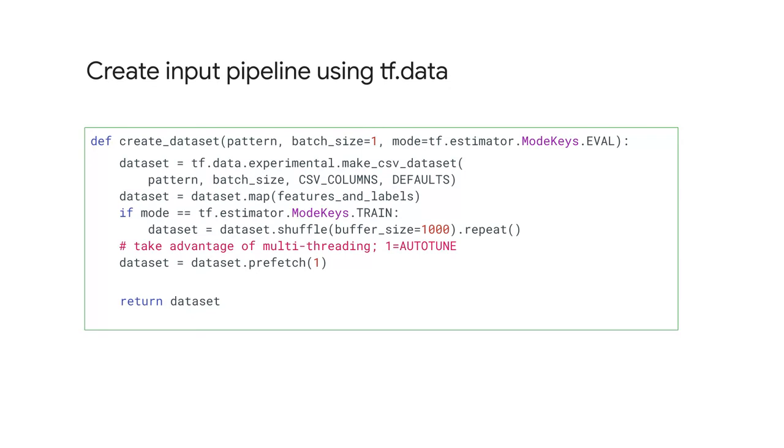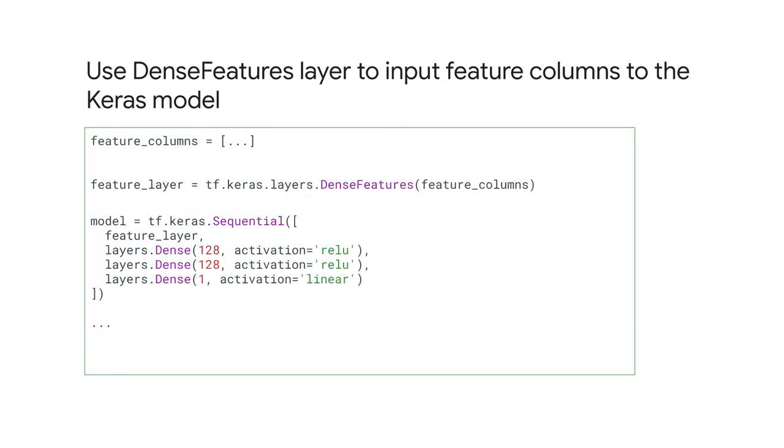When passing data to the built-in training loops of a model, you should either use NumPy arrays if your dataset is small and will fit into memory, or tf.data dataset objects as you learned here. Once you've defined the feature columns, you can then use a dense features layer to input them into your Keras model.